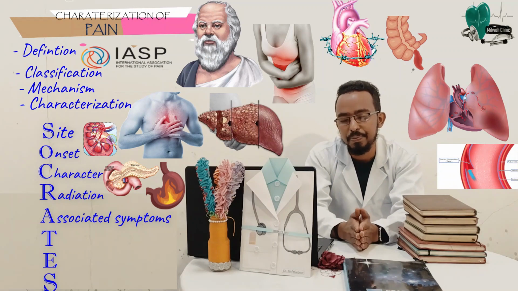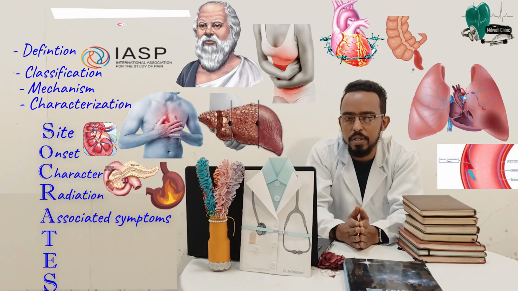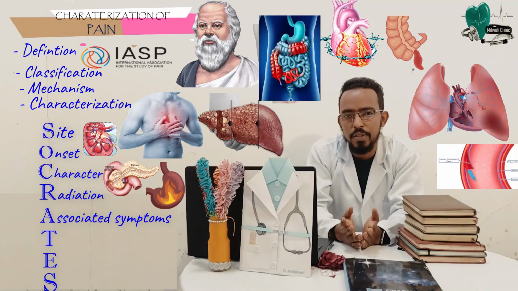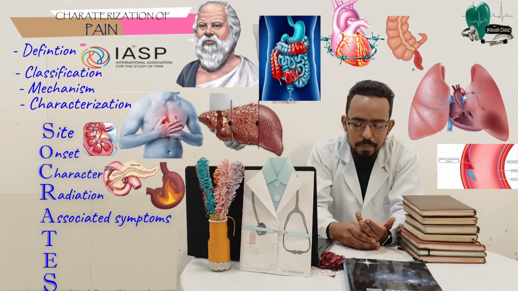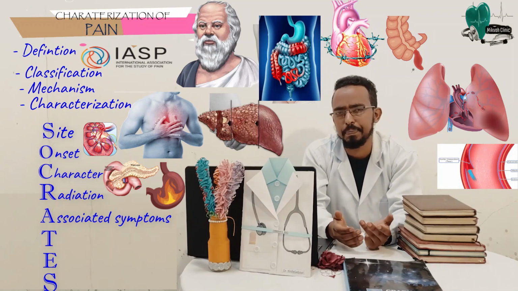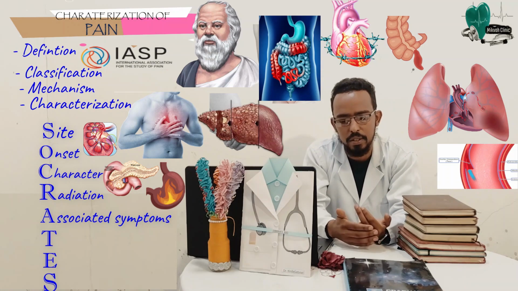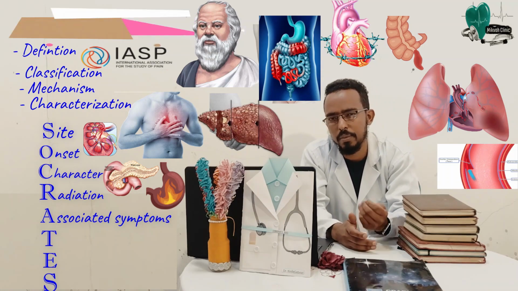When we say crampy abdominal pain, it is usually associated with bowel obstruction, because peristaltic activity will cause that crampy type of abdominal pain. A patient with myocardial infarction expresses his pain as a squeezing type of pain, or a feeling of an elephant sitting on their chest. So this kind of expression is used by patients with myocardial infarction.